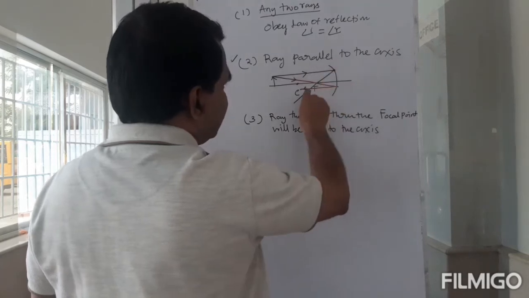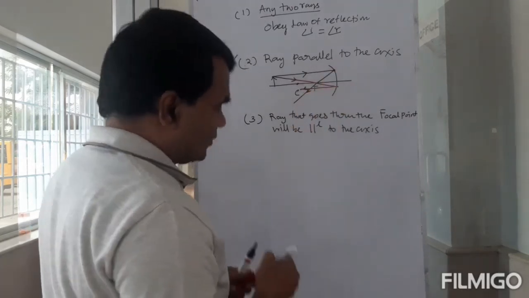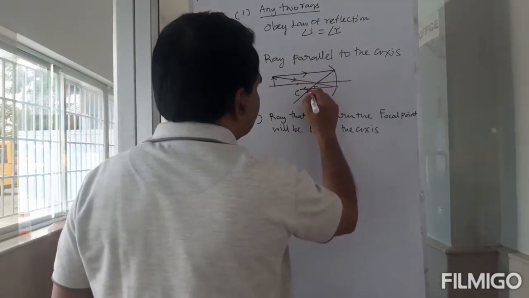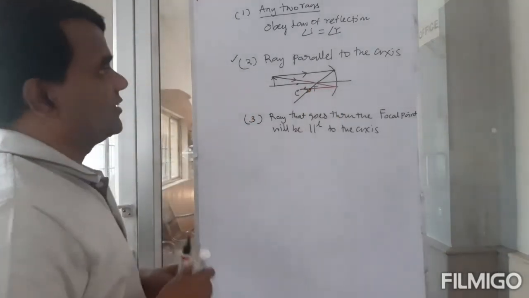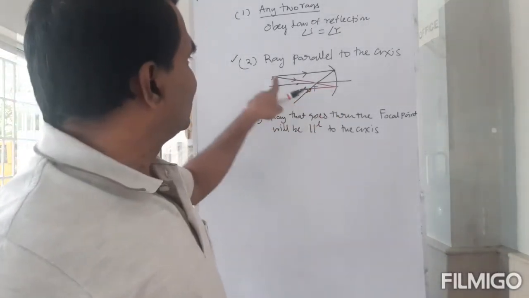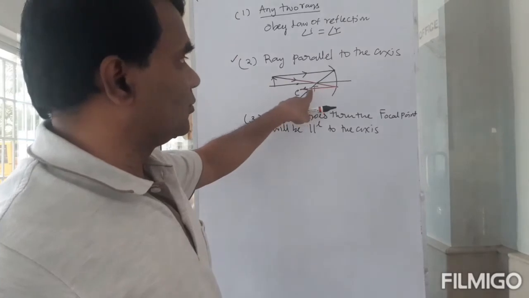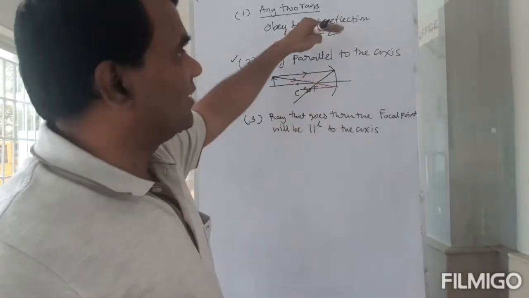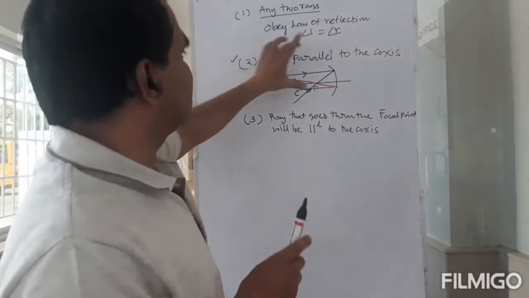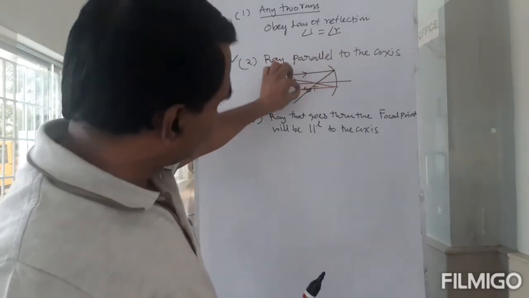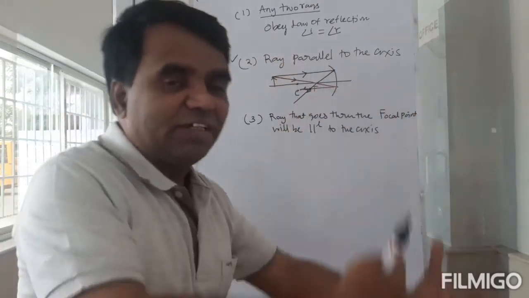From this ray it was coming like this, and from this ray it's coming like this. So that's the point of intersection. You know all the other rays will have to go through that point because it's a spherical mirror. All the other rays which hit this mirror will have to go through this point because of the spherical shape.